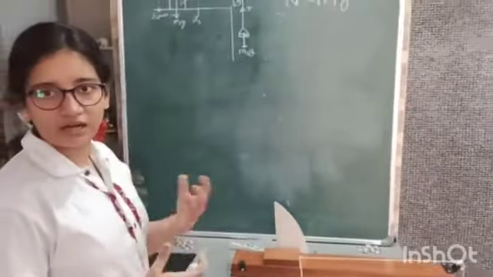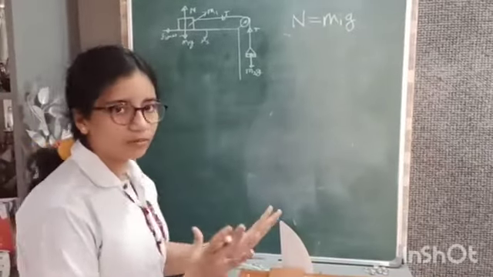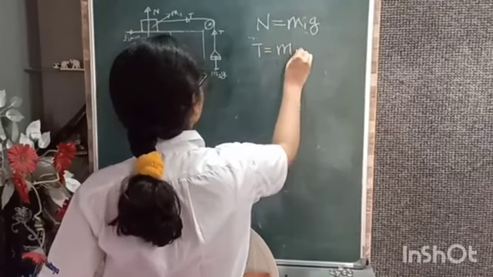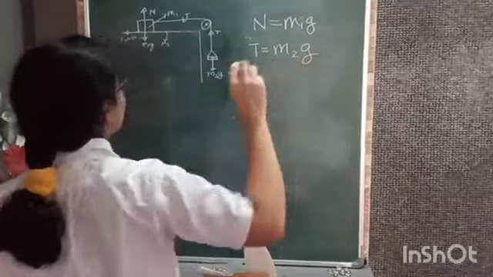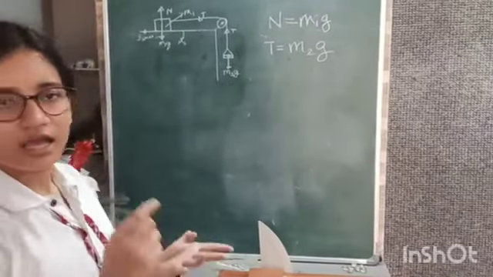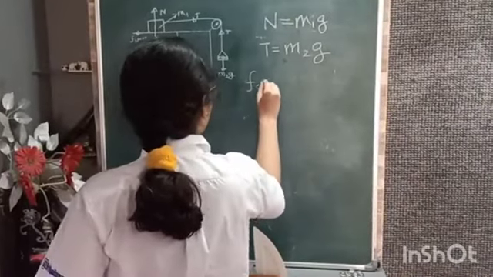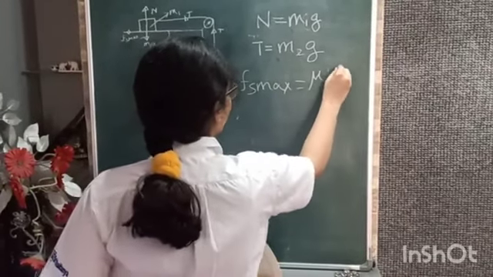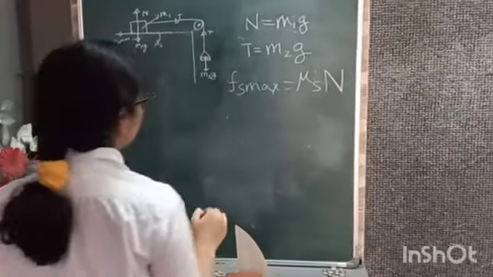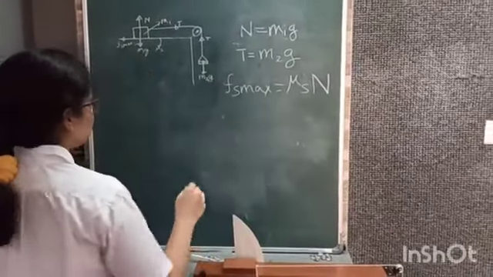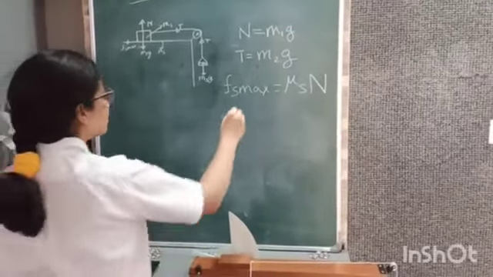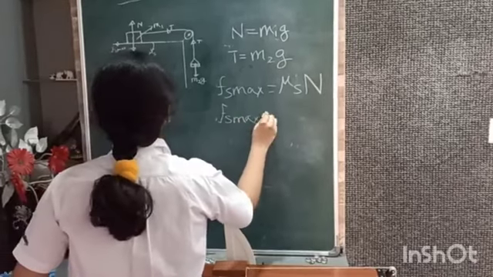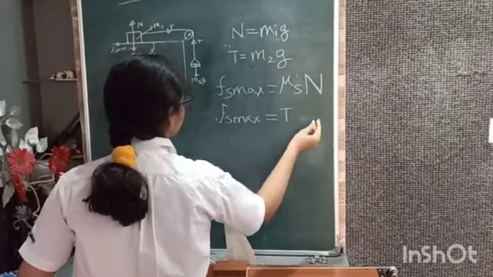Since the bodies just start moving, T is equal to m2g, and maximum static friction is equal to the coefficient of static friction, mu s, into the normal reaction, N. For this body, the equation is Fs max equal to T, the tension on the rope.